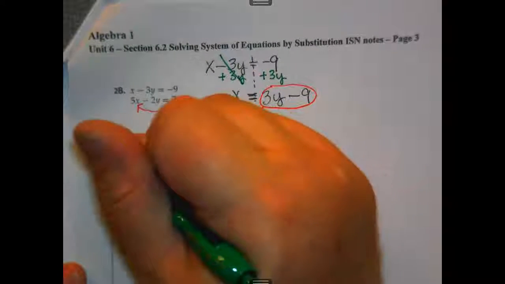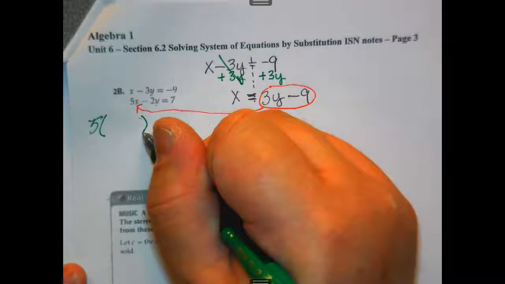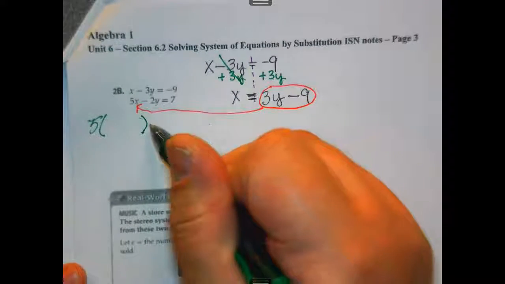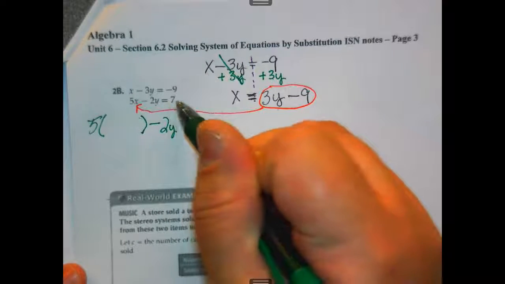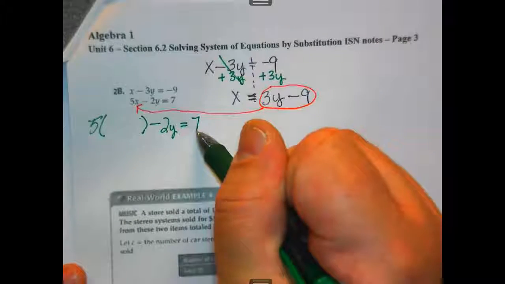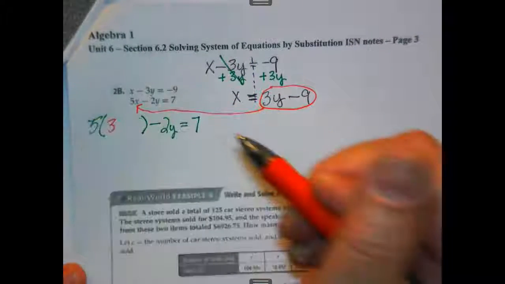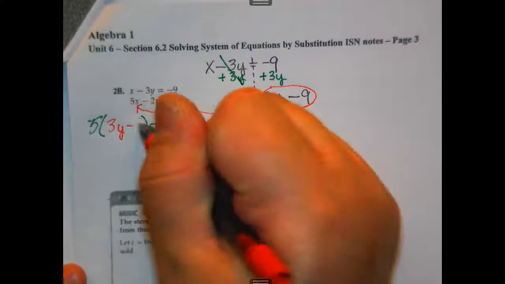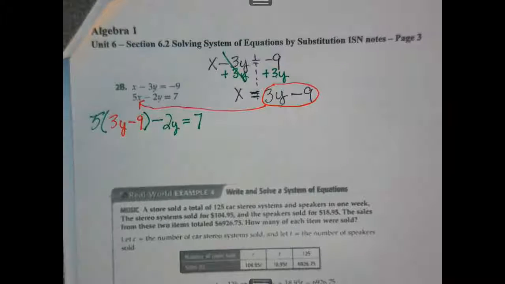So I have 5, my x is being substituted, so there's my parentheses, minus 2y equals 7. And my x is 3y minus 9. Now this time I solve for y.